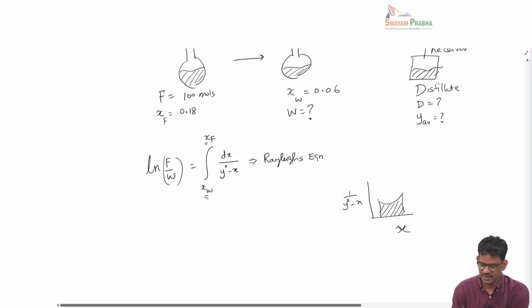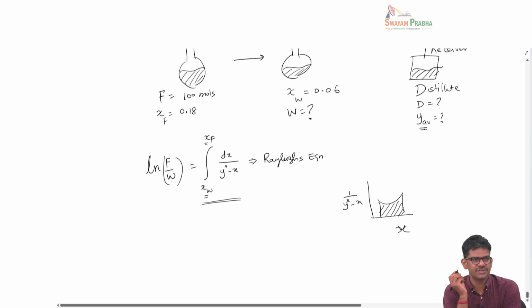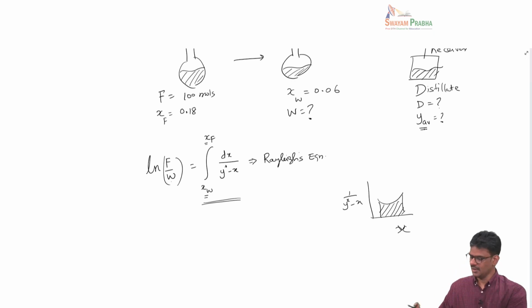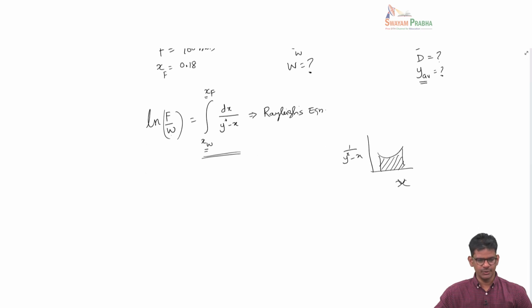Okay, so then we can obtain this right hand side, and from here we can solve for W. Okay, once I know the W, that's one of the questions. The other question is to find the average composite distillate composition, which again we can get from overall mass balance. So this has to be done graphically.